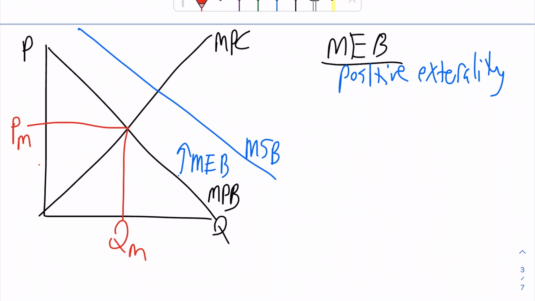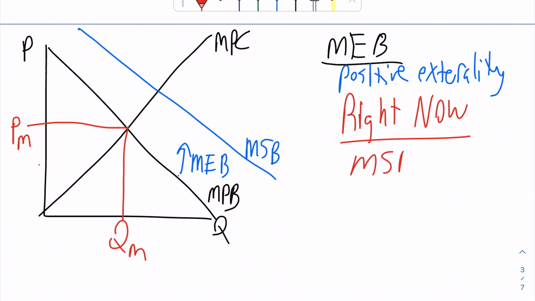The society is actually having a higher benefit than your private costs. So right now, your marginal social benefit is more than your marginal private benefit. Okay.